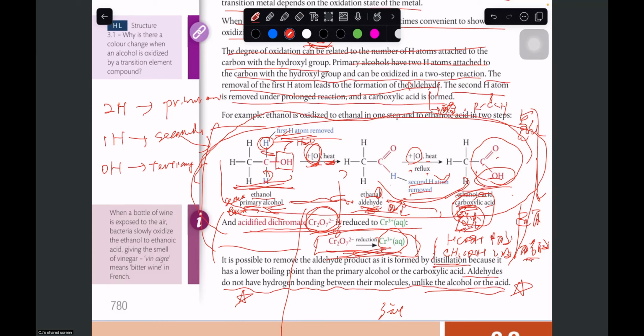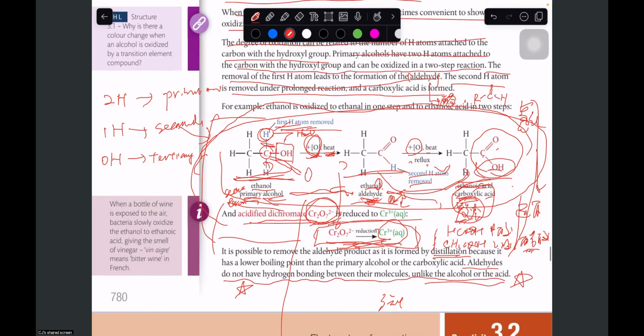At this time the carbon has two empty orbitals, so the oxygen will add here, and we get this one. This is actually an aldehyde, right? Aldehyde. It has a C=O, an H, and a CH3.